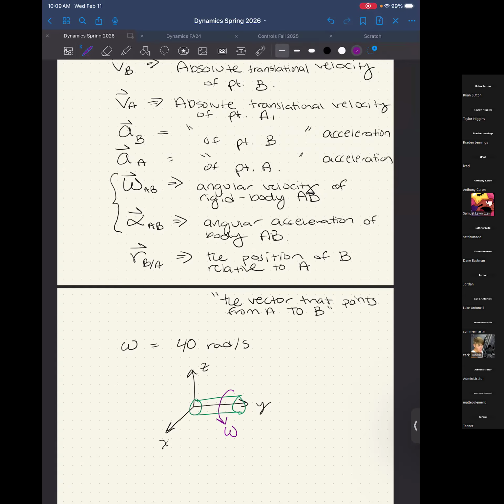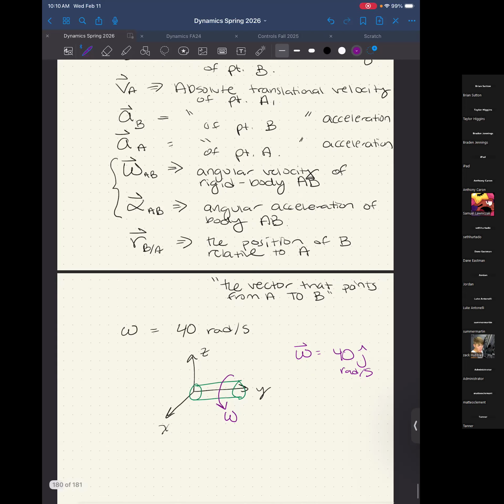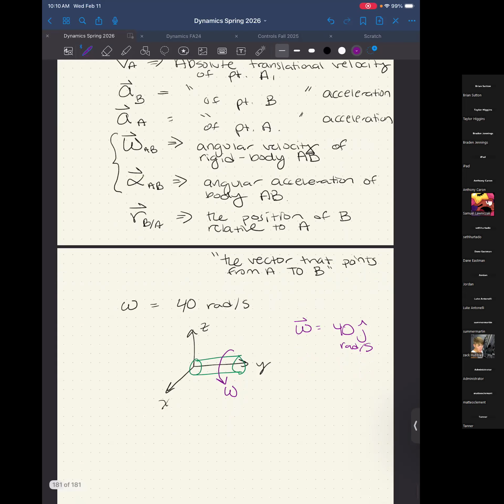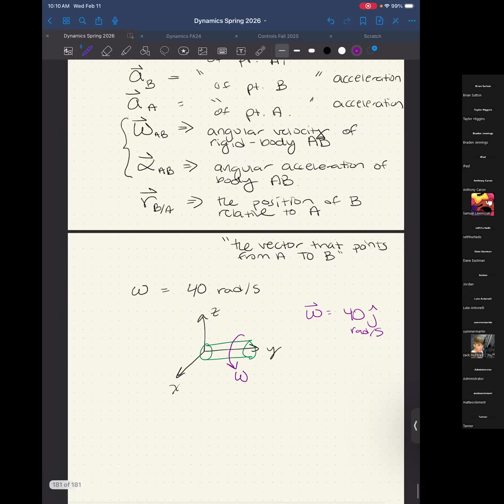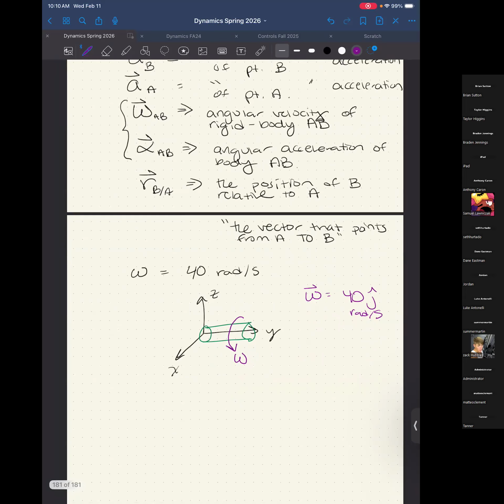And my right hand rule tells me that my axis of rotation points in the direction of my thumb, which would be positive y direction, right? So here I can tell by visual inspection that omega equals 40 j hat radians per second by right hand rule.